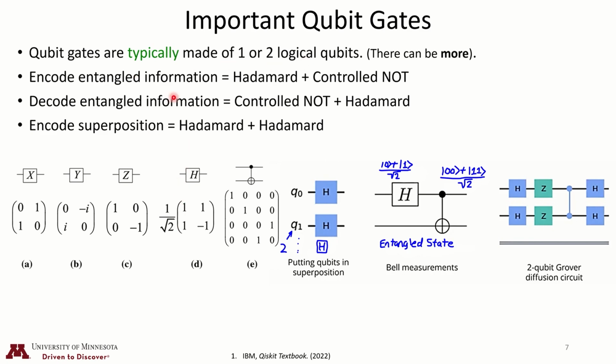Typically, the 5 basic gates act on combinations of 1 or 2 qubits. Here you'll notice that there's a single line behind this box, and that single line represents a single qubit. So this is 1 qubit, 1 qubit, 1 qubit, 1 qubit.